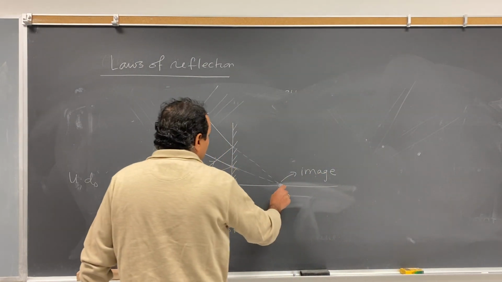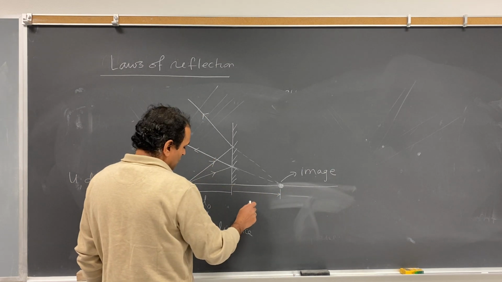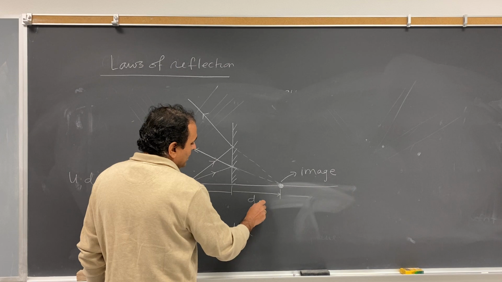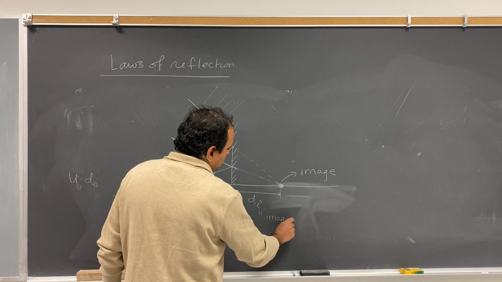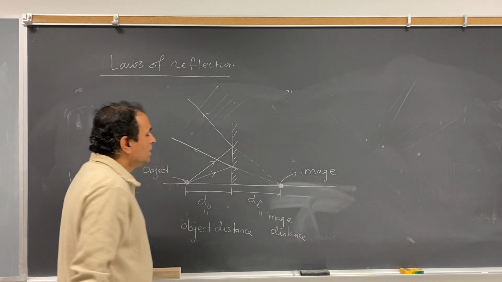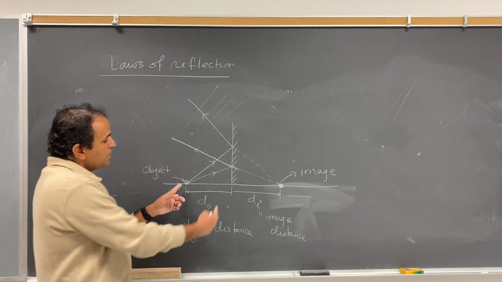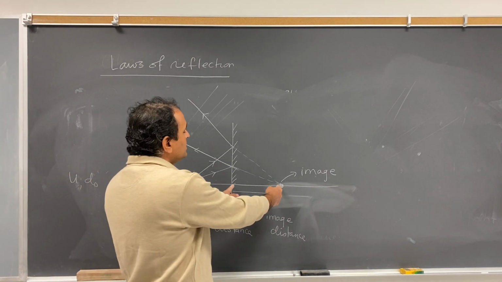And from here to there, this is d sub I, and you can call this the image distance.